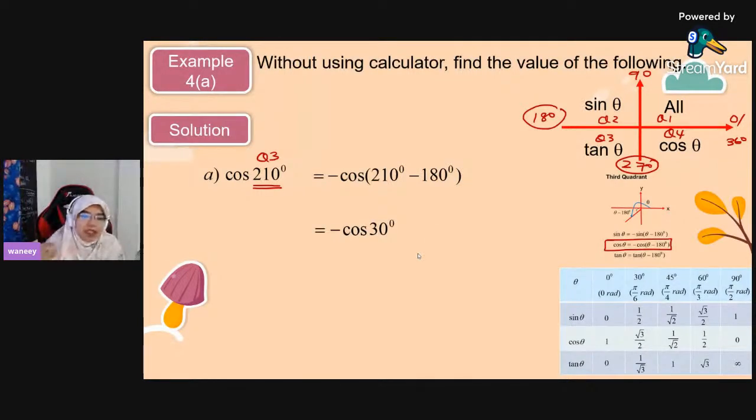Then you simply substitute the value of cos 30 degrees, which is root 3 over 2. So this is negative root 3 over 2. We change it into the acute angle first, and then we see from the table what the value is. Okay, part B now.